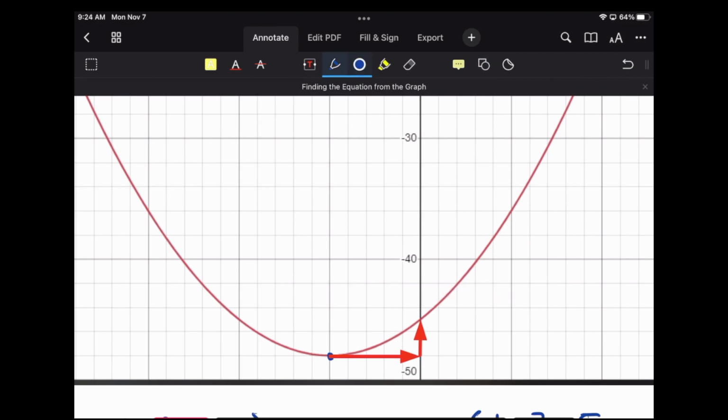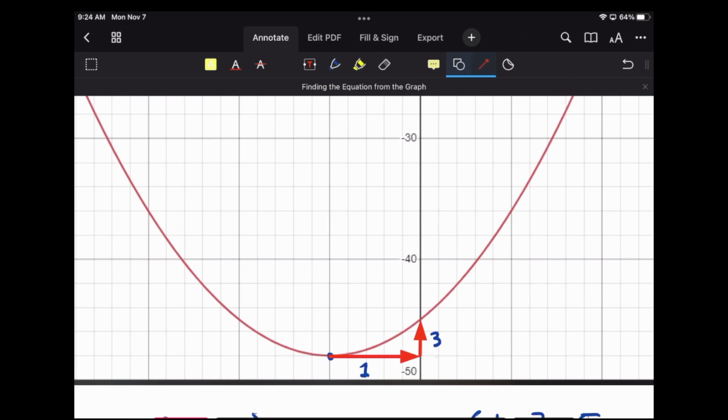Well, let's check our squares here. From here to here is 10. We have 1, 2, 3, 4, 5 squares. So every one of these squares represents 2 units. Which means if I went up 1.5 squares here, I went up 3 units. So I went over 1, I went up 3.